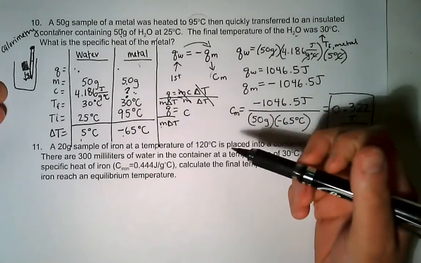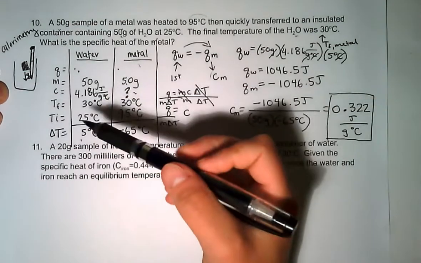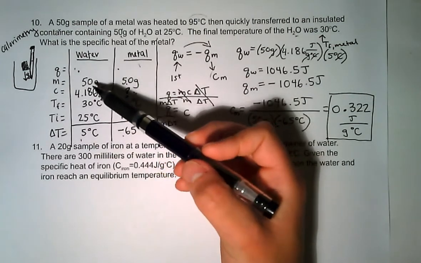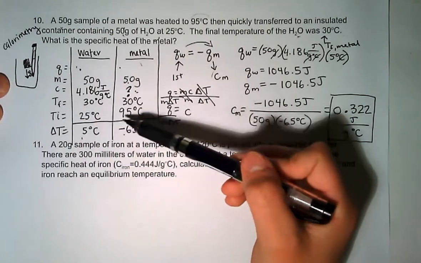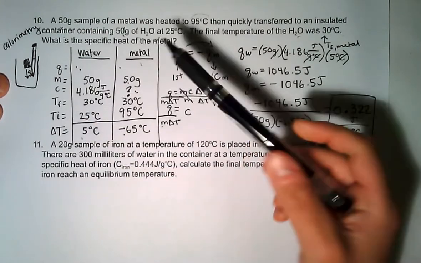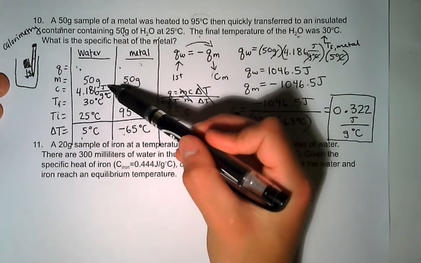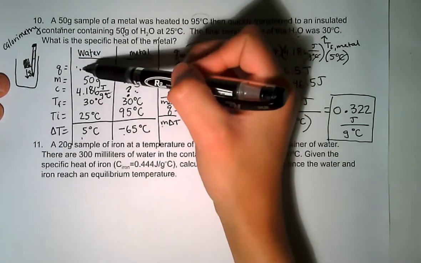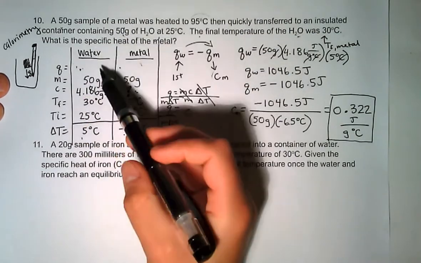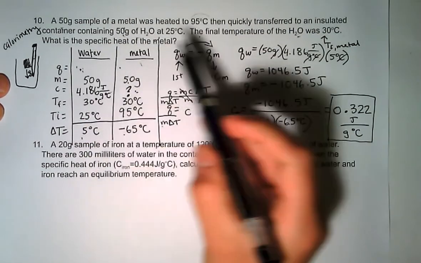So just to quickly recap what we did here, first, we looked at our problem and we listed out all the pieces of information that we had in the problem. Then we figured out that we do know the specific heat capacity of water, so we can use all this information to solve for the amount of energy that's absorbed by the water. And we got that value.